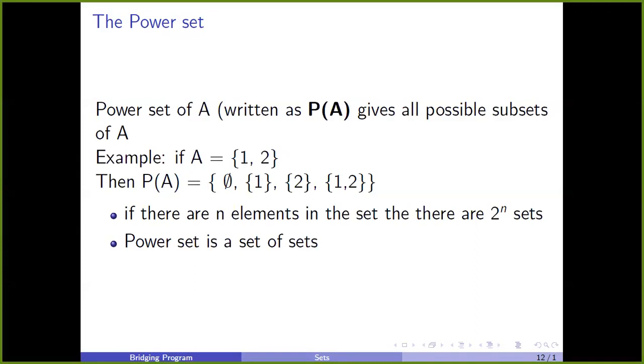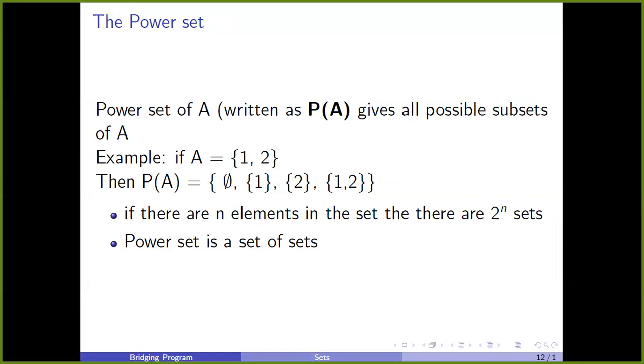So note that the power set is a set of sets. Up to now, we were just looking at elements, and in the power set, each element is a set by itself.